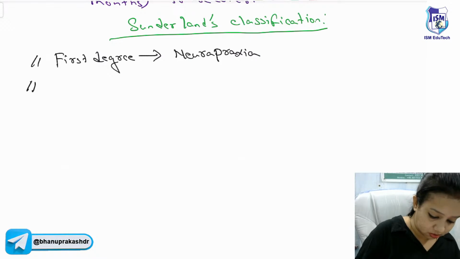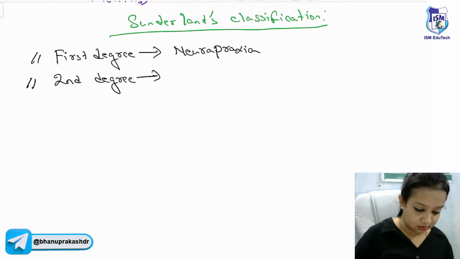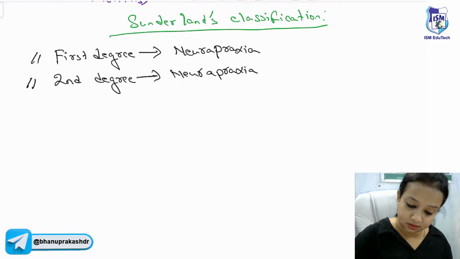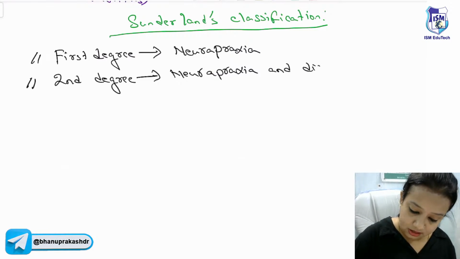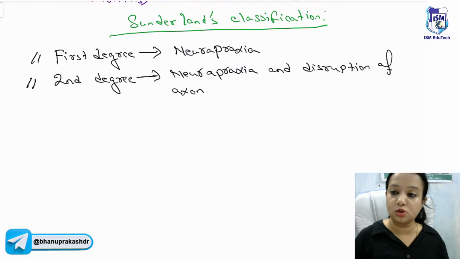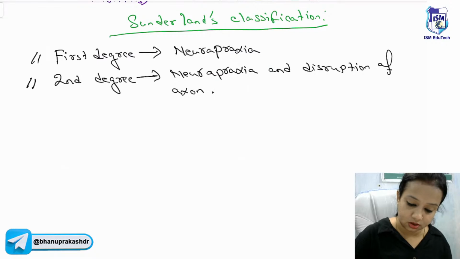Now, second degree is neuropraxia and disruption of axon. Disruption of axon.